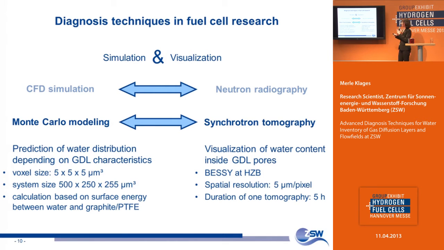And with synchrotron tomography, we can simulate smaller fuel cells, because the object of the window is quite small, but the optical and the time resolutions are higher than with neutron radiography. That means we have a spatial resolution of 5 micrometers per pixel, and this can be directly correlated to a Monte Carlo simulation we did with the same resolution.